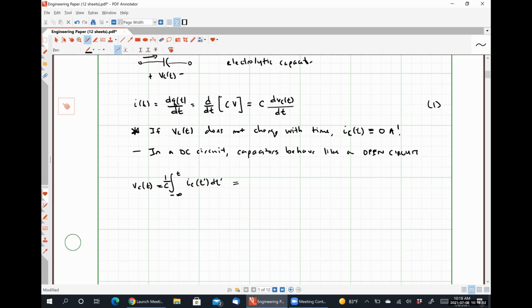We can also express this as 1 over C times the integral from t naught, some time where we know the value of the capacitor voltage, to t of I_C(t') dt', plus V_C at t naught.